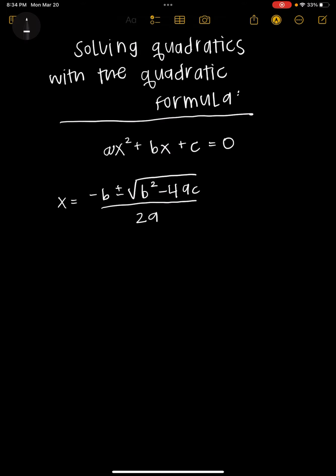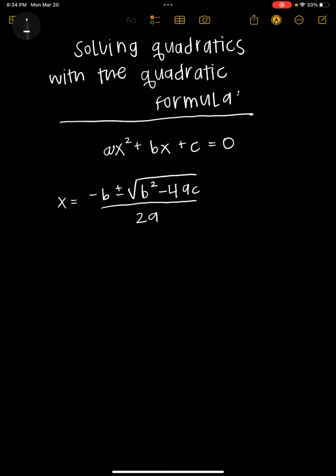So in order to solve with the quadratic formula, the equation needs to be set up in standard form. We've talked about what standard form is, but it's right up top here. It's ax squared plus bx plus c is equal to 0, where everything is set equal to 0 and everything's on one side of the equation.